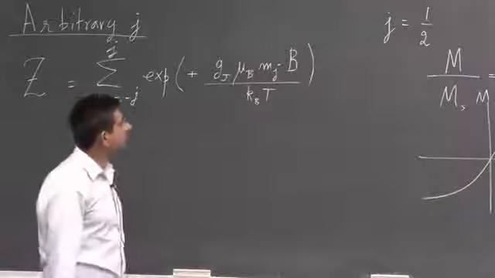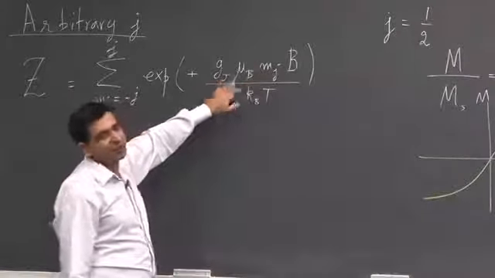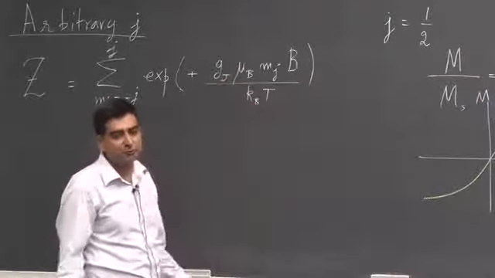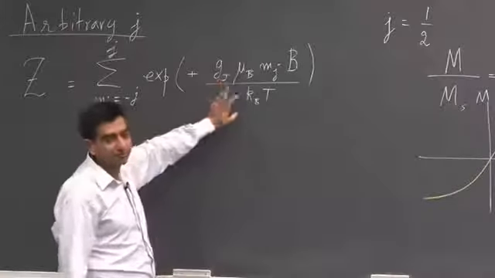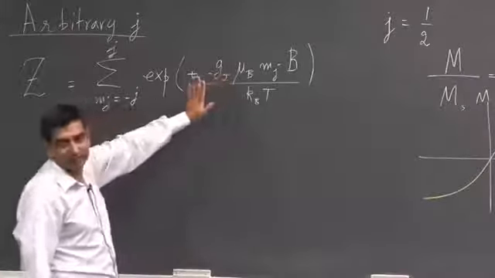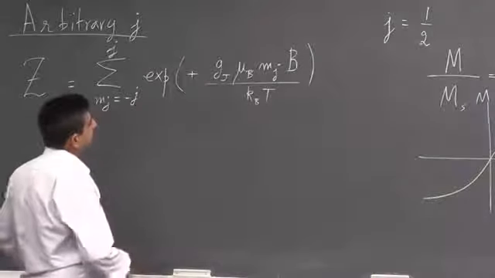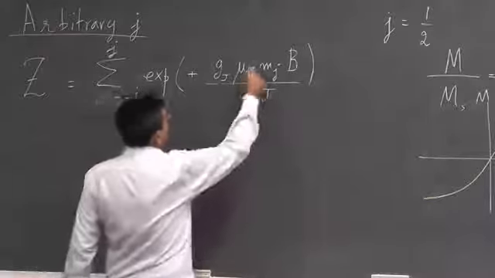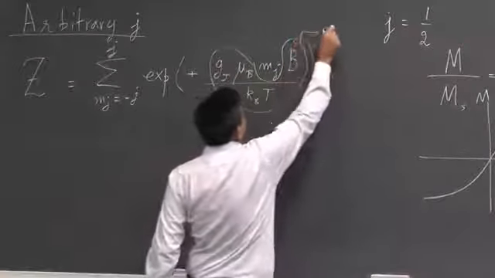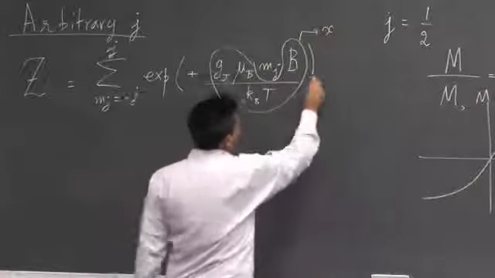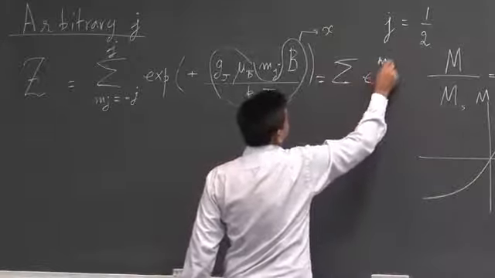And we know what the values of m_J are. We know that g_J could in general be different from 2. For an isolated spin half particle, an electron, this is 2. But for an arbitrary J, it could be different. So if we make the assumption that I call this object x, then this is simply the sum of exponent m_J x.